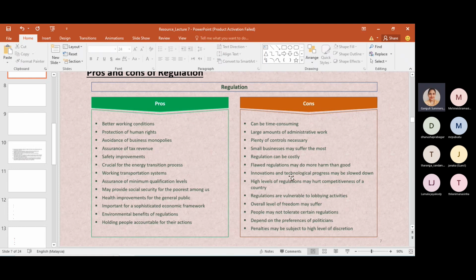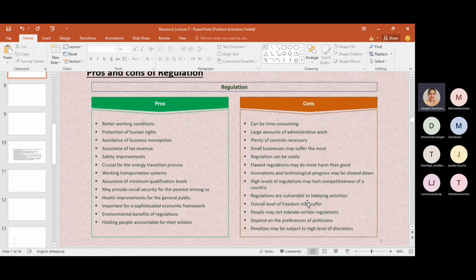Okay, and due to regulation, sometimes innovation or technological progress will be slowed down, and sometimes competitiveness will also get hurt. The regulation will also interrupt the freedom in the workplace, because freedom means being able to do whatever you want in whatever way you want, right?